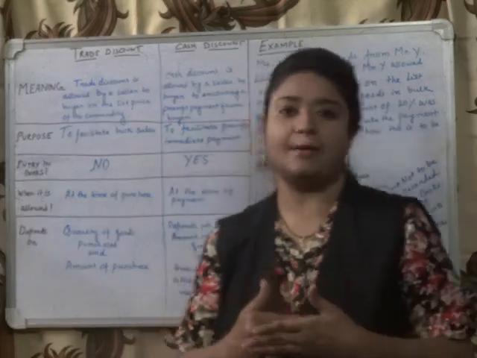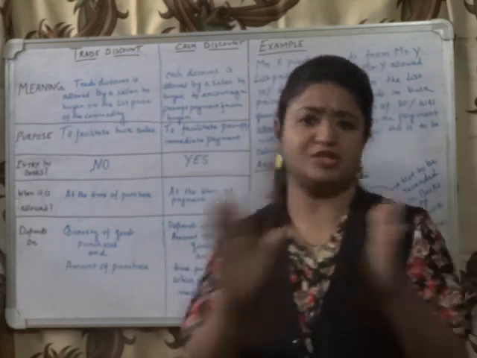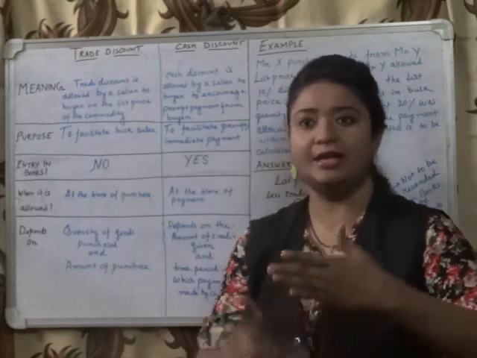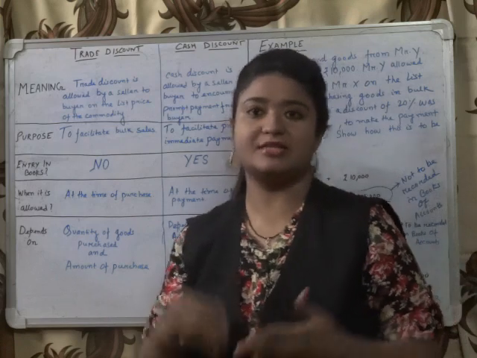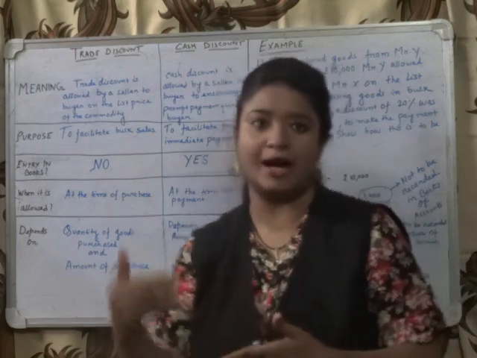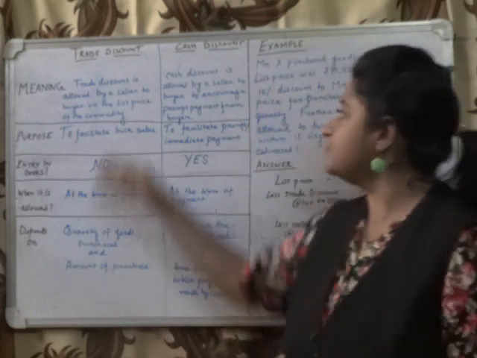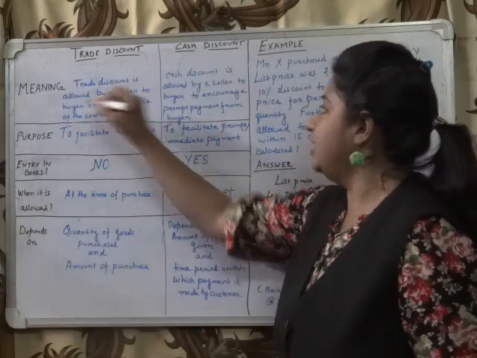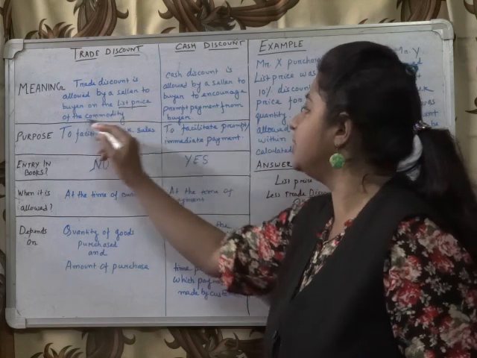Take an example: a buyer is going to purchase a machinery, and the seller allows a certain amount of discount to the buyer, maybe 10% or 20%. That is basically the trade discount. Just note each and every point: trade discount is allowed by a seller to a buyer on the list price of the commodity.